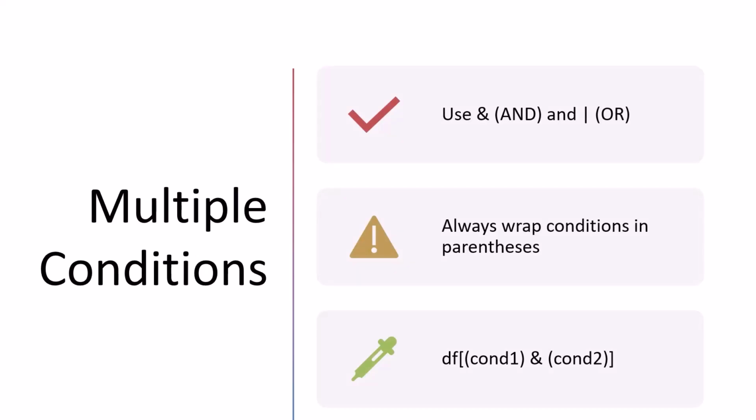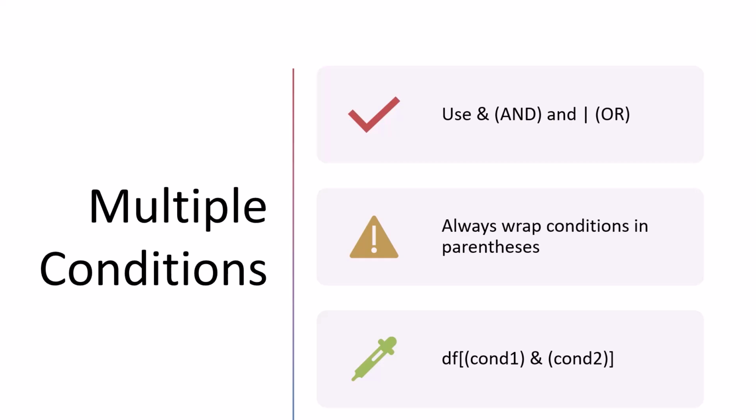We very often see that a single condition is not enough. In Pandas, when combining multiple conditions, we use the ampersand symbol for AND and the pipe symbol for OR. Each condition must also be wrapped in parentheses.